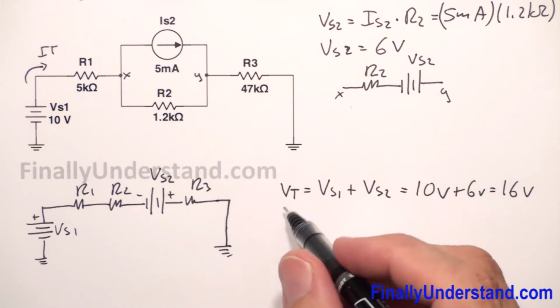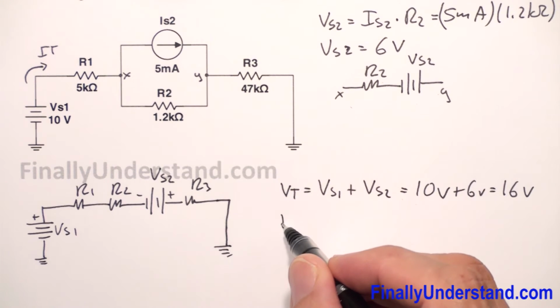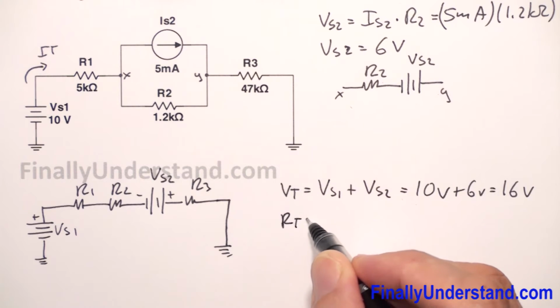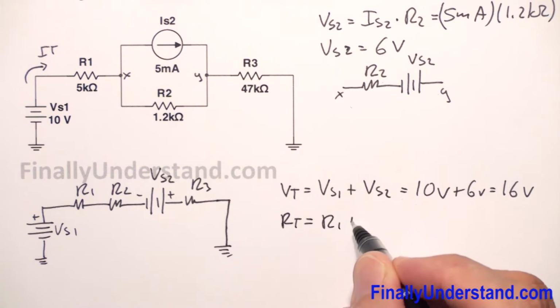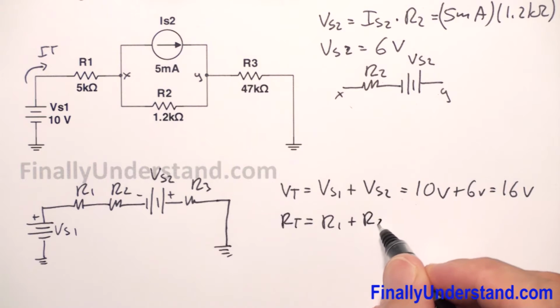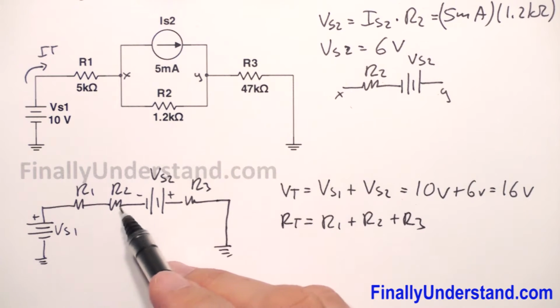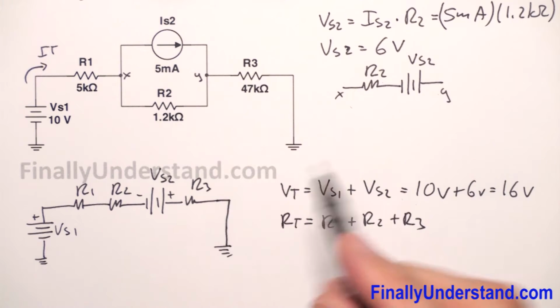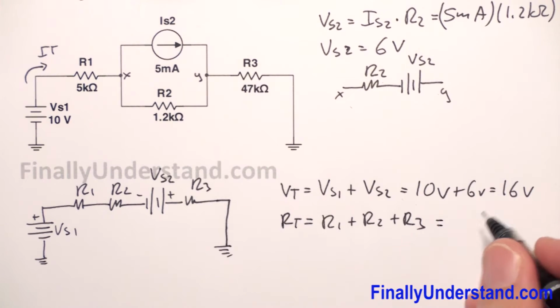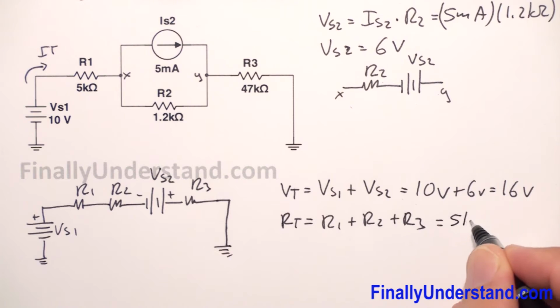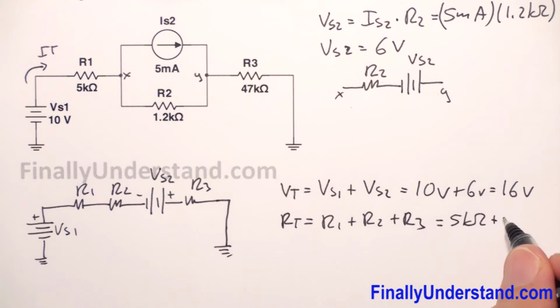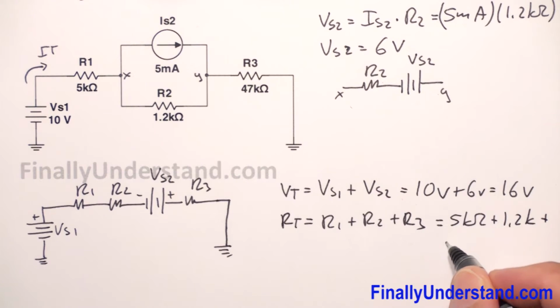Next I would find the total resistance. R total is equal to R1 plus R2 plus R3. I'm talking about this circuit right now. They are in series, R1 plus R2 plus R3. So R1 is equal to 5 kilo ohms plus 1.2 kilo plus 47 kilo ohms.